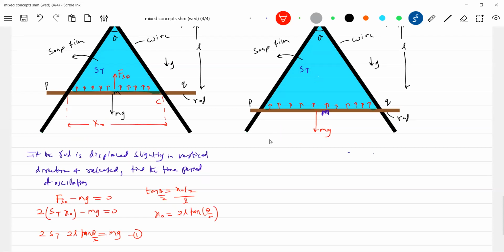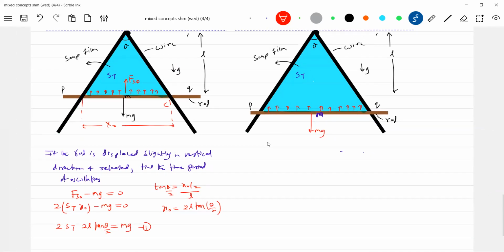Okay, now I'll slightly displace it. When I slightly displace it, tell me what will happen to the layer of soap film. Its area has increased, no? So now more molecules have come. The force due to surface tension, in fact, will increase. And it will accelerate like this here.